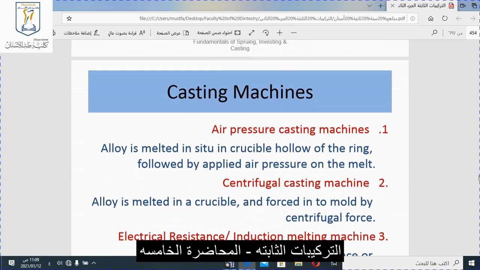Casting machine. After burnout, we do the casting immediately. Why? Because if we delay, the mold will dry and the investment will be in a cold state. During burnout, sometimes there is disintegration of the investment, and the alloy cannot completely fill the mold during casting.